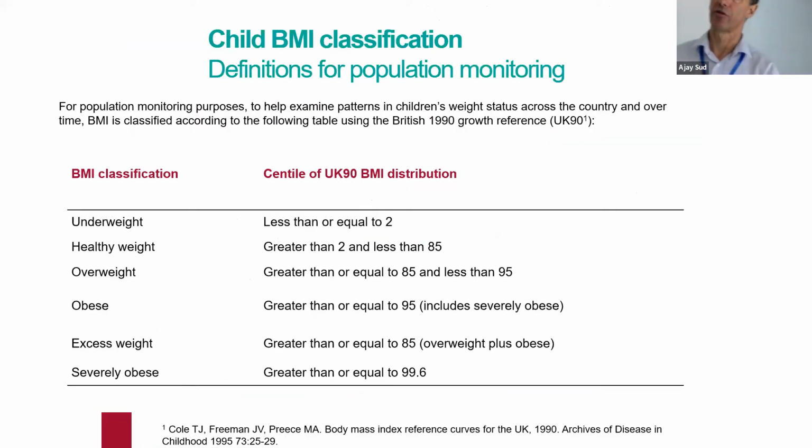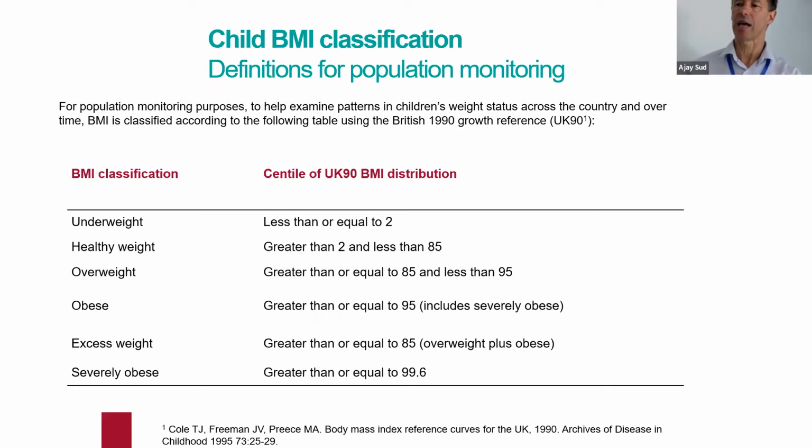We also have to think about children. Those figures I've showed you are for adults, but one of the things that is done for population monitoring in the UK is we now have the National Child Measurement Programme, which gives us a lot of accurate data around the weight of children.